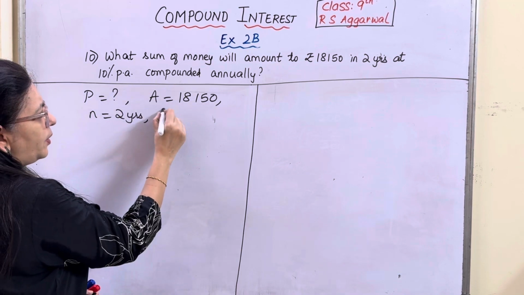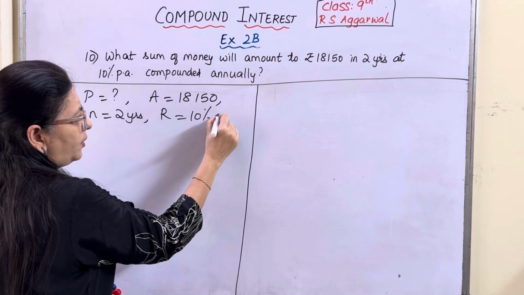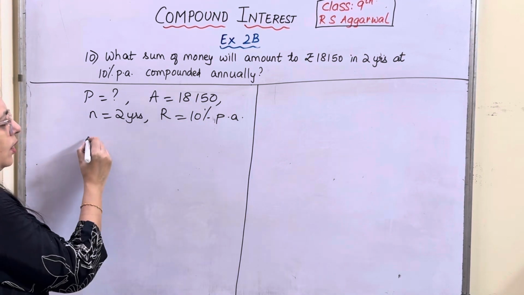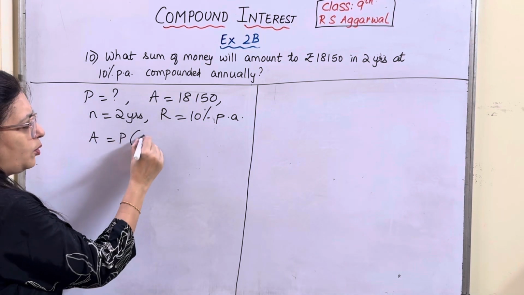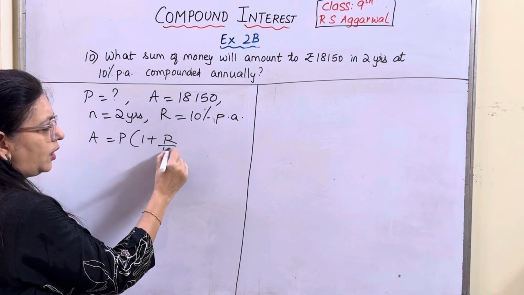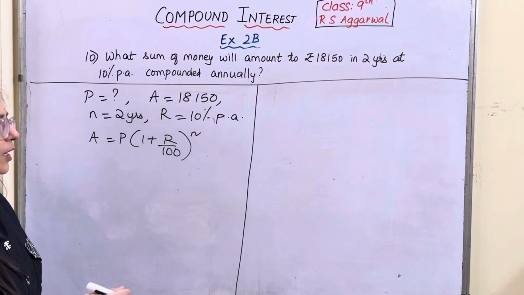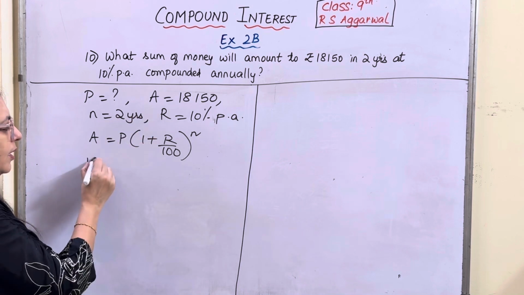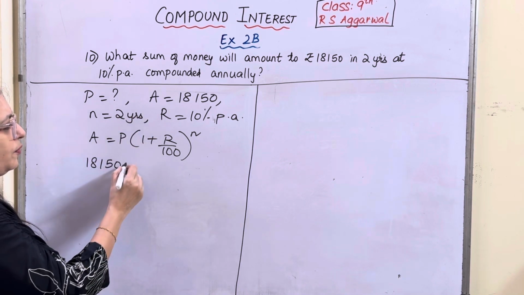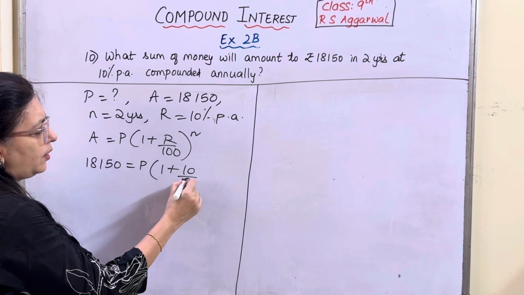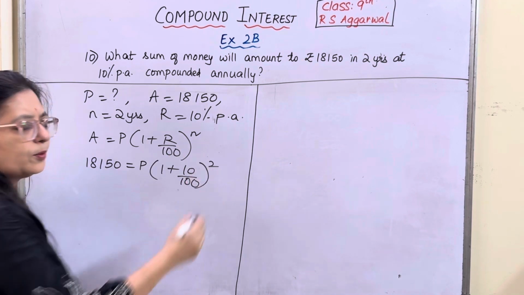At 10% per annum, rate is 10% per annum. What is the formula to find the amount? Amount is equal to P into 1 plus R upon 100 raised to N. Let's substitute whatever value is given in the question. Amount is 18,150 is equal to P into 1 plus 10 upon 100 raised to 2.